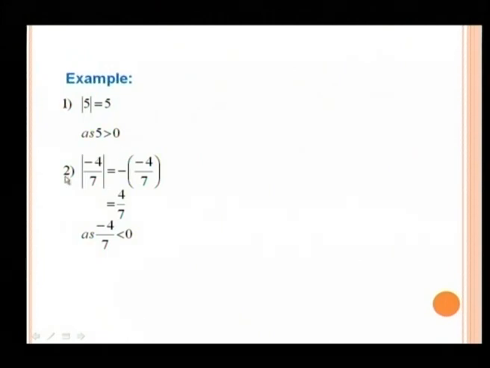In the second example, we have |-4/7|, which would be equal to -(-4/7), resulting in +4/7. As we know that -4/7 is a negative number, so the modulus of -4/7 would result in a positive 4/7.